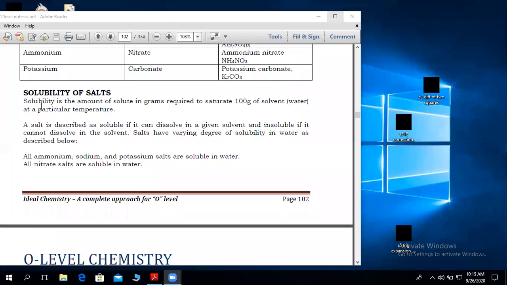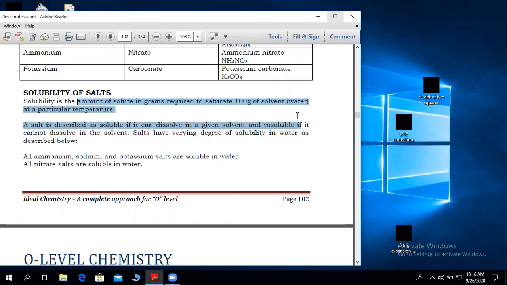What is the definition of solubility? We said solubility of a salt is the amount of solute in grams required to saturate 100 grams of solvent, and the solvent is water. I'm going to give you one calculation in the test.